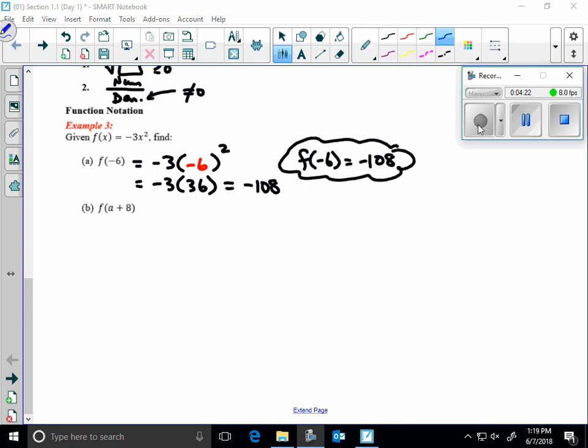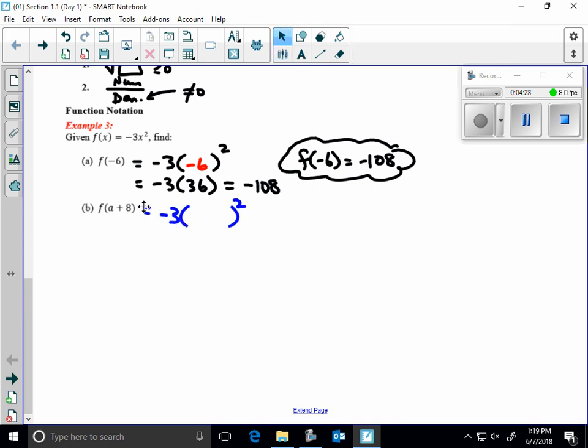Okay, f of a plus 8, we're going to take -3x squared, and now in for x is going a plus 8. Don't be the individual that forgets that this is foiling in action.